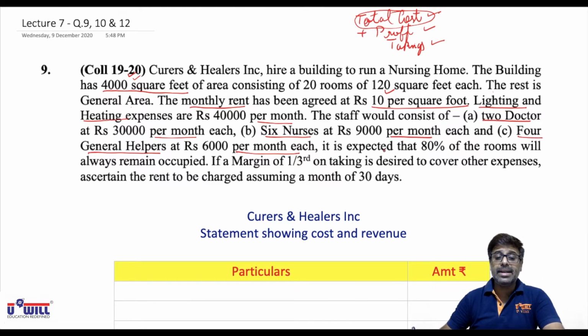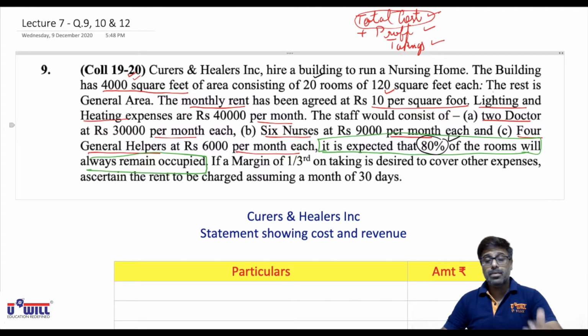Now this is important: it is expected that 80% of rooms will always remain occupied. What is the relevance of this? 80% of rooms remain occupied means though we have 20 rooms, we will be able to recover the money only from 80%, that is 16 rooms.